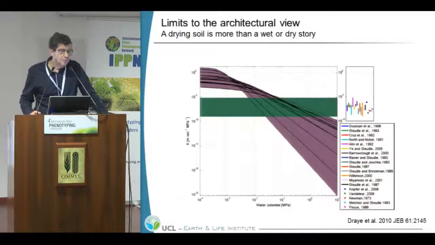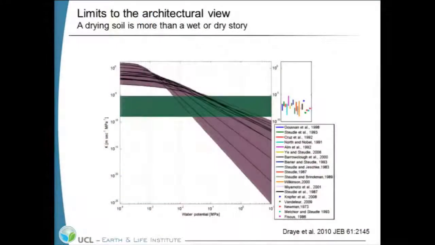So now I will come to illustrate a little bit the limits of this architectural view, starting with this illustration. You have on the ordinate the hydraulic conductivity, and on the axis the water potential in the soil. We represent here in green the range of variability for the hydraulic conductivity of the root material, and in purple you have the hydraulic conductivity of the soil, and this one is actually affected by the soil water potential.